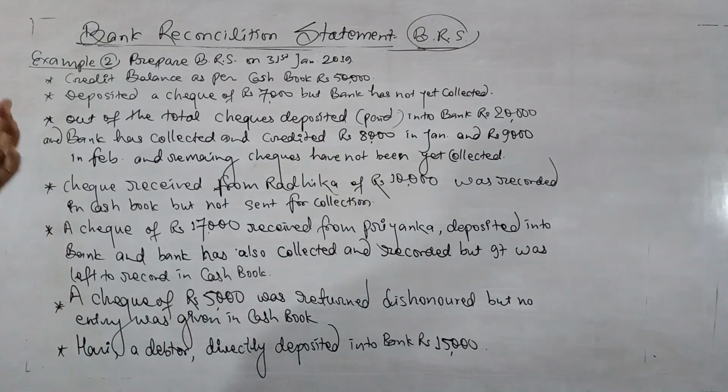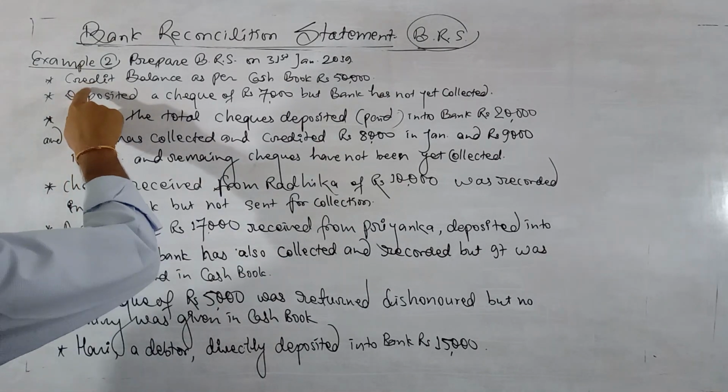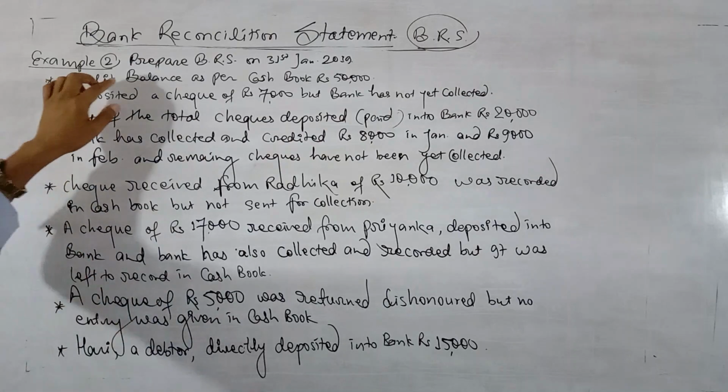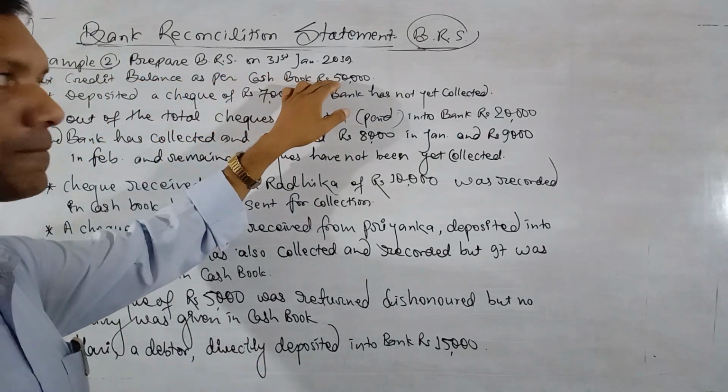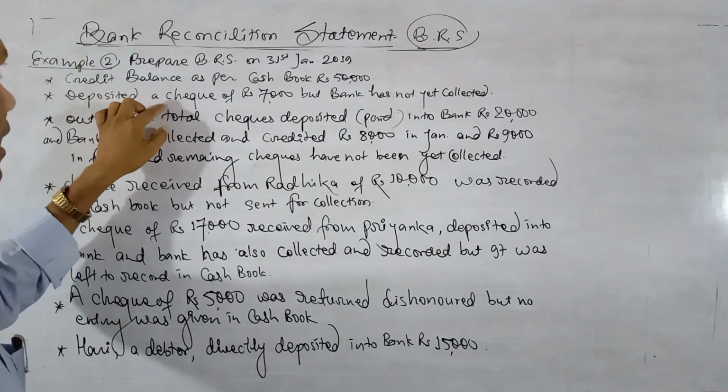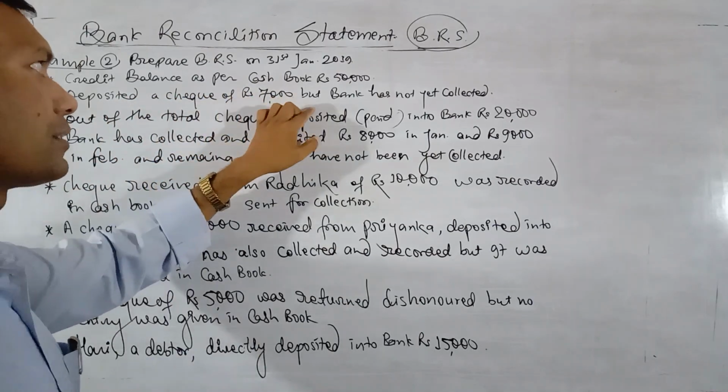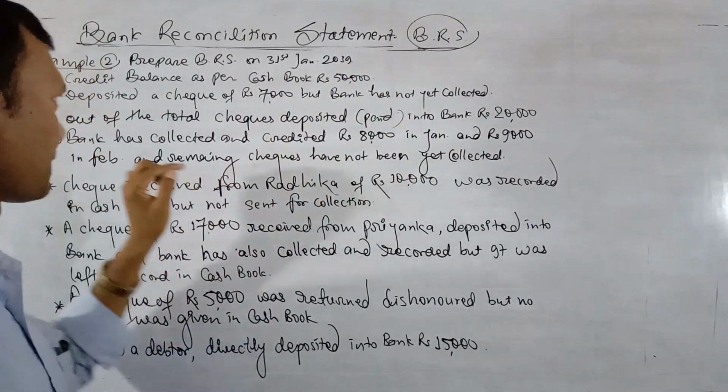Example number 2. Prepare bank reconciliation statement on 31st January 2019. Credit balance as per cash book is given. Deposited a check of rupees 7,000, but the bank has not yet collected it.